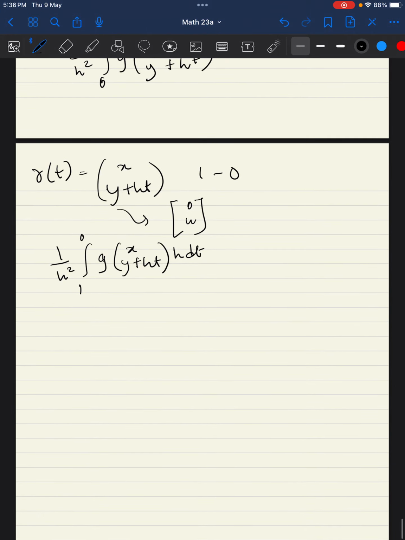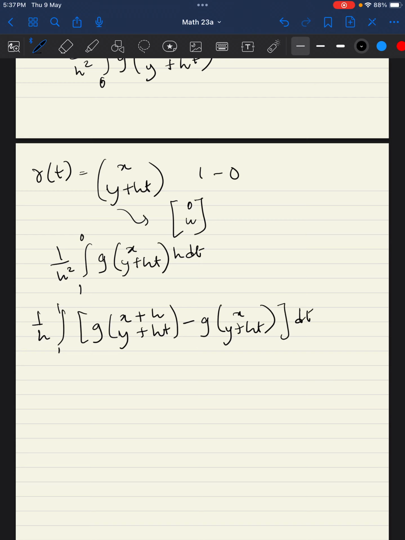And again, we're going to combine this similarly as we did before to get 1 by h, integrating from 0 to 1, g of x plus h, y plus ht minus g of x, y plus ht, dt, and this thing is going to be 0 to 1, dx g of x plus hs, y plus ht, dt.